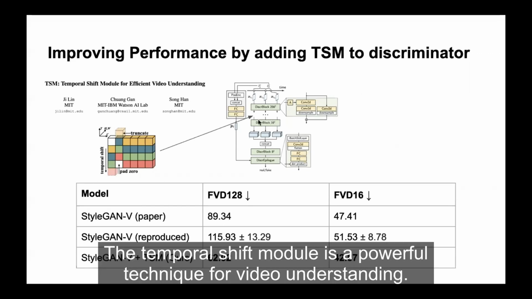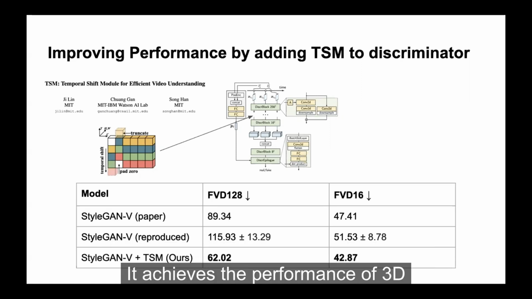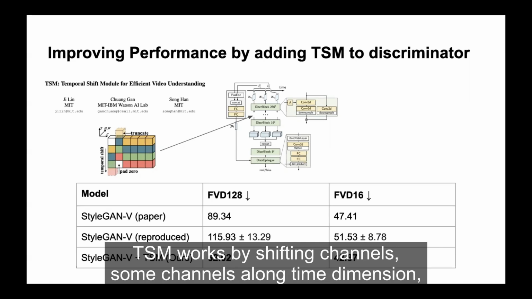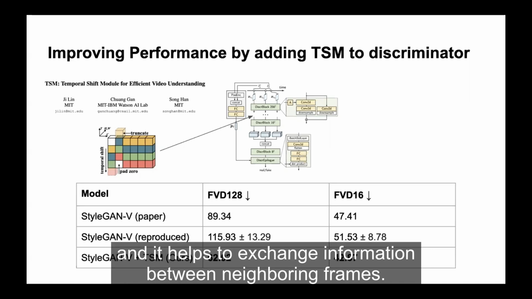The temporal shift module is a powerful technique for video understanding. It achieves the performance of 3D convolutions while keeping things simple like 2D convolutions. TSM works by shifting some channels along the time dimension, and it helps to exchange information between neighboring frames.